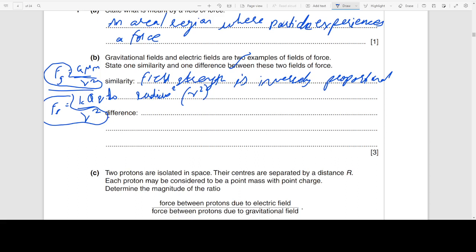As for difference, guys, y'all know gravitational fields are just for masses, and masses only tend to attract each other. But electric fields can be used from both positive negative charge combination, or positive positive charge combination, or negative negative combination. Both of these are repulsive, but positive negative is attractive. So the only difference possible is that gravitational force is always attractive.